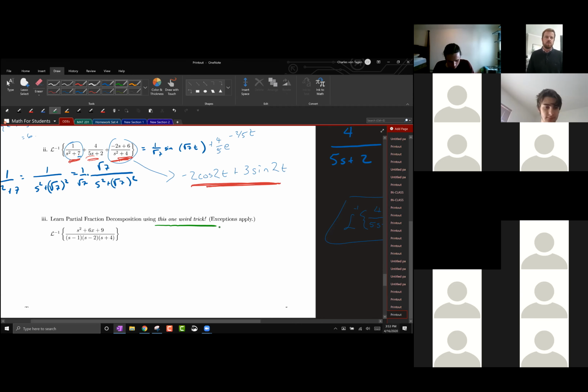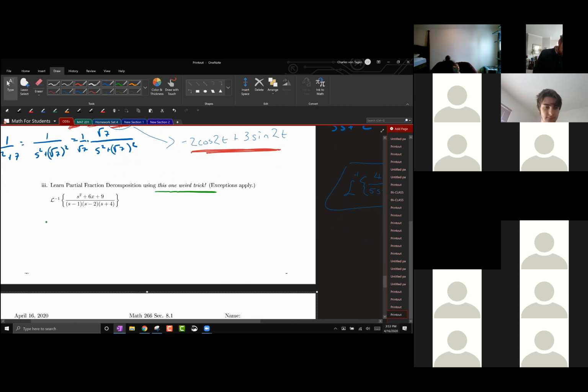But when you have partial fraction decomposition of linear factors without multiplicity, there's some quick shortcuts to doing that decomposition. So we know that we expect (s squared plus 6s plus 9) over (s minus 1)(s minus 2)(s plus 4).